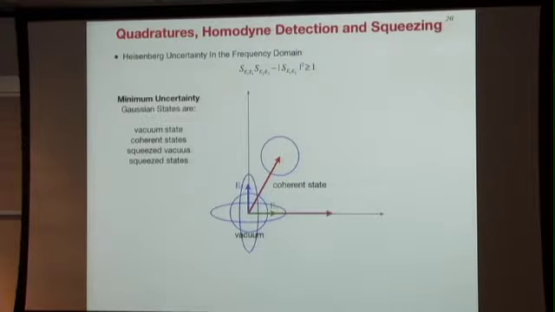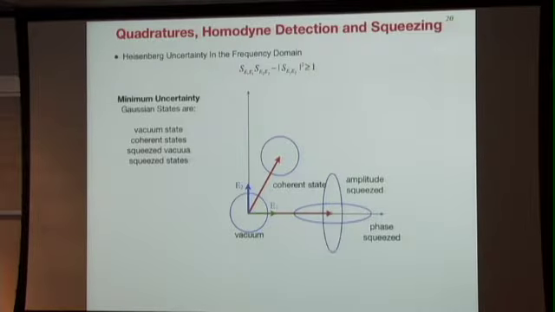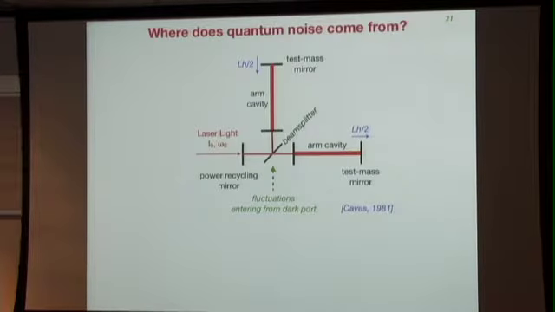And if you superimpose these with a carrier, then here you have a phase squeezed state, and here you have an amplitude squeezed state, because this state has a very small phase fluctuation, and this has a very small amplitude fluctuation.